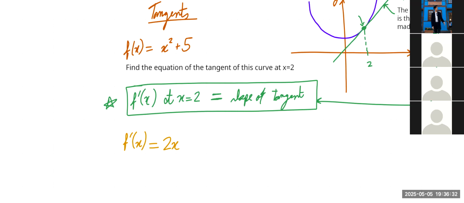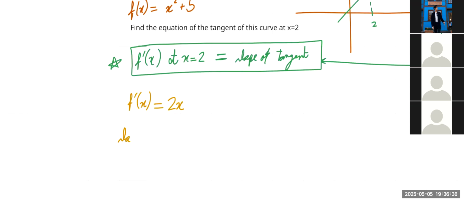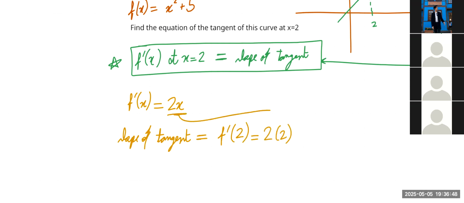So this is your general derivative. Now, the slope of the tangent will be the derivative's value at x equals 2, which is basically going to be 2 times 2, because I just plugged x equals 2 into this derivative, which gives me 4, which means that the slope of the tangent is 4. Okay?